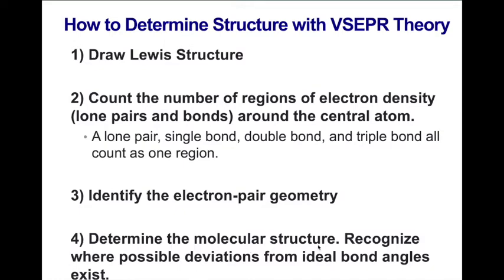It will have the same geometry as the electron pair geometry if there are no lone pairs. But if there are lone pairs, those are essentially considered to be invisible in terms of dictating the final molecular geometry, but they're affecting the geometry. So we just take them into account as we're figuring out that final geometry.